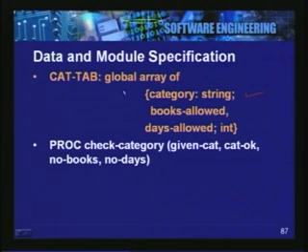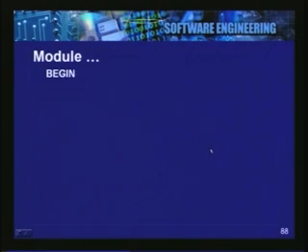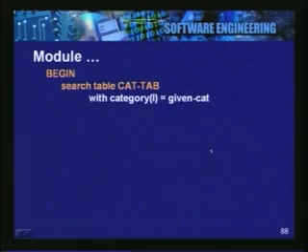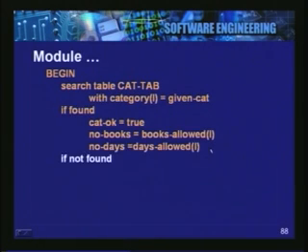Now, this is a global array that the program will have, and then we want to now specify a module called check category, and this check category will take the inputs given here and would implement the logic of checking the array using the code which is described here.